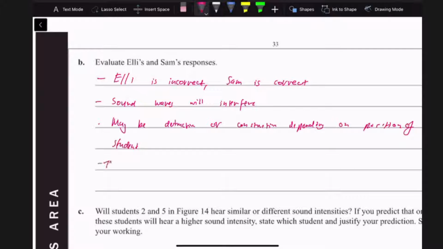And then therefore Ellie is not always correct.